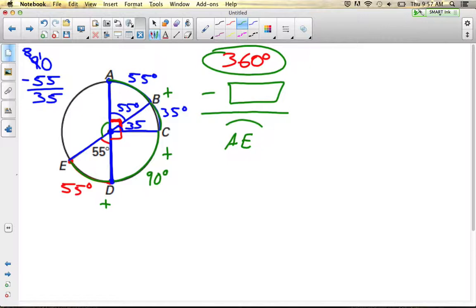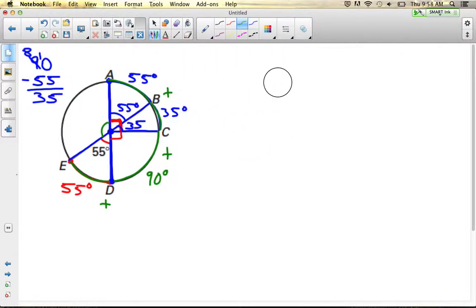Another way of doing that, a much easier way, is never forgetting that a diameter gives you half of a circle. Half of a circle is 180 degrees. So if you know that this is already 55, which we found earlier, using supplementary angles, something plus 55 should give me 180, or half a circle.